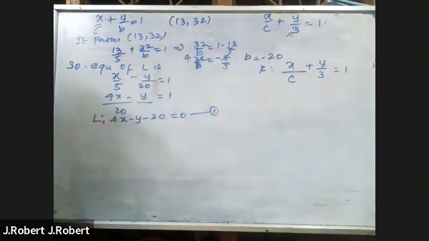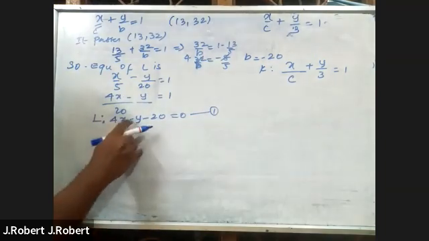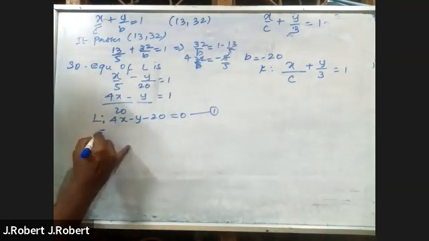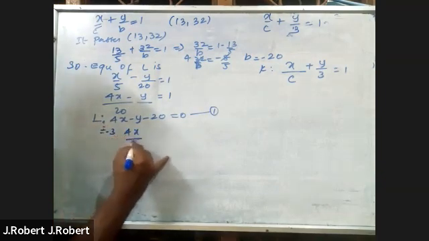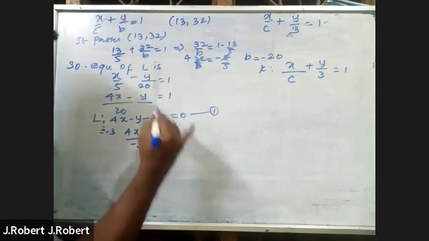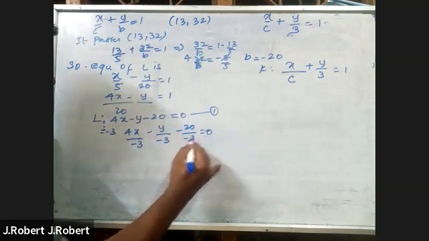So y must have 3 below it, so divide throughout by minus 3: 4x divided by minus 3 minus y divided by minus 3 minus 20 divided by minus 3 equal to 0.